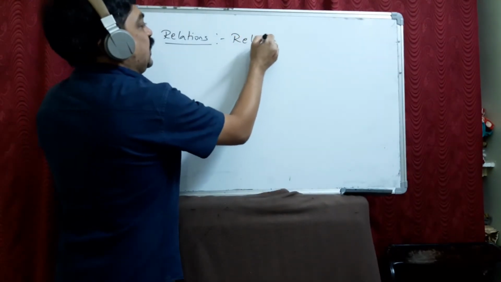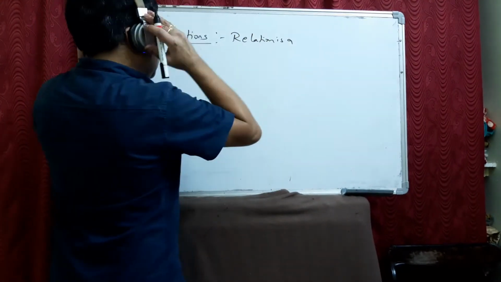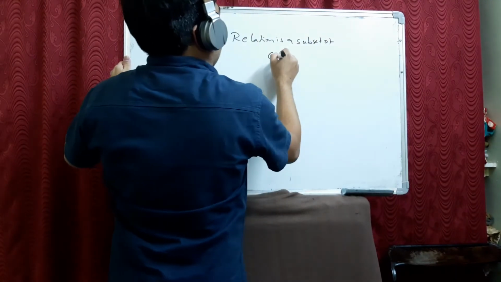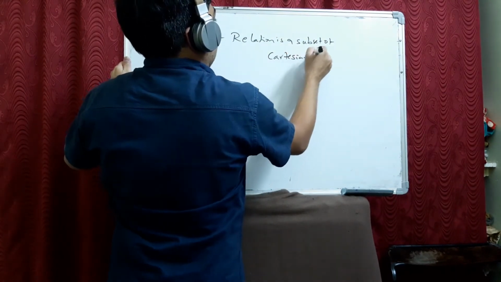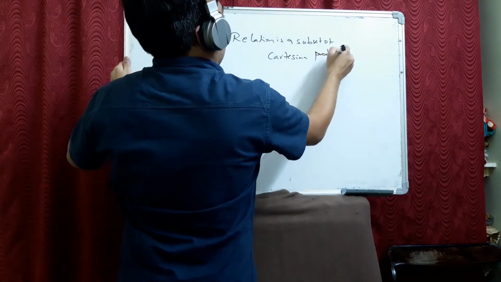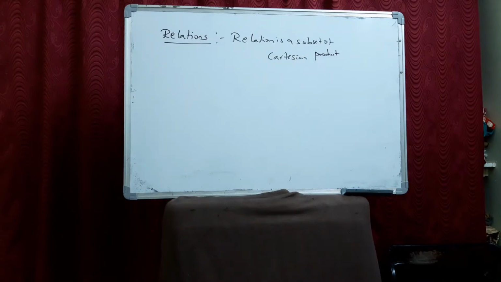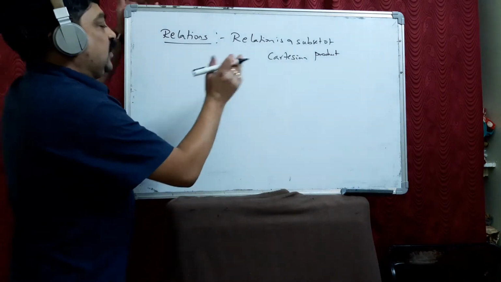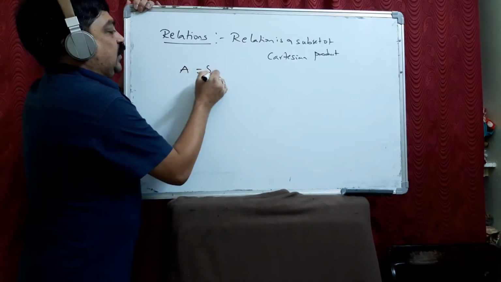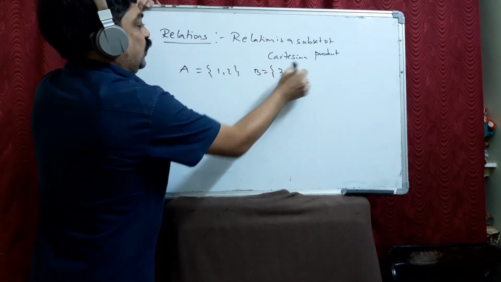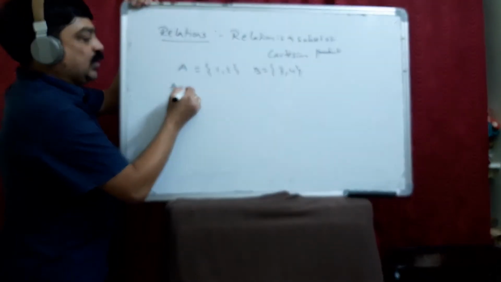A relation is a subset of a Cartesian product. Now, suppose A is {1, 2} and B is {3, 4}. What is the Cartesian product?